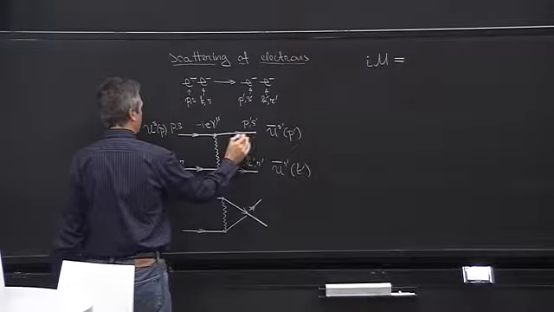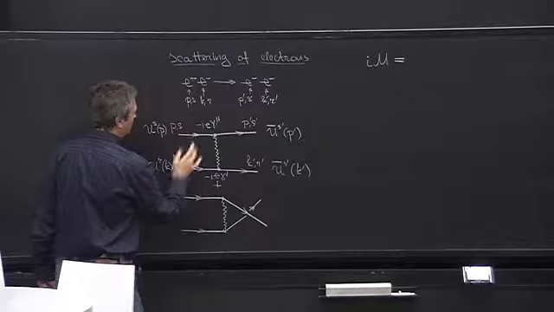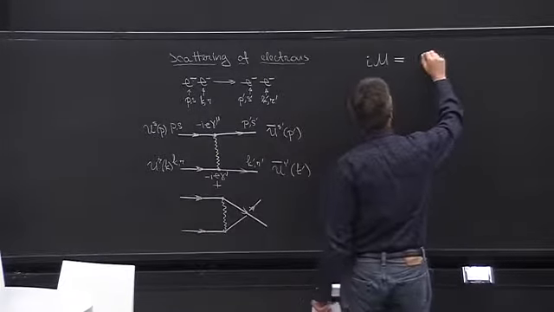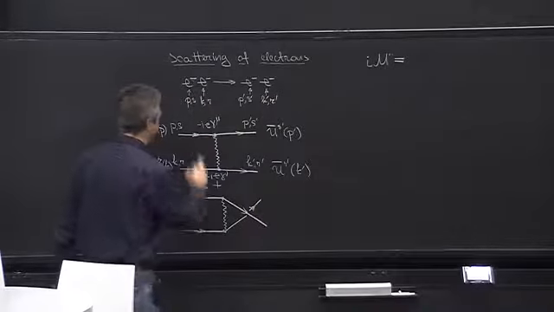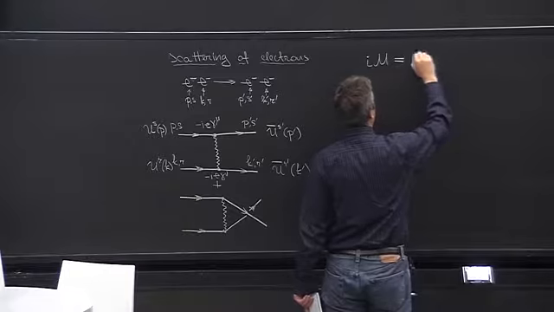So if we multiply, reading along this line from right to left, what we will get is, well, minus i e will appear twice.